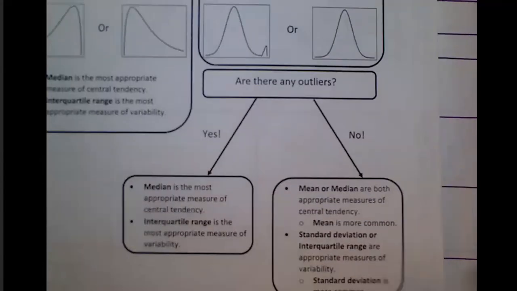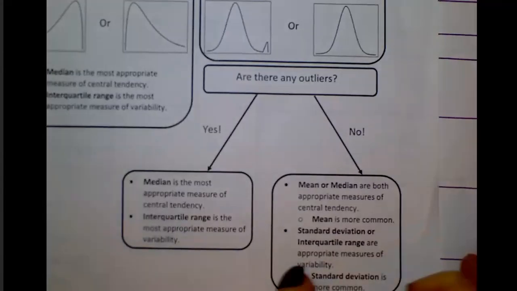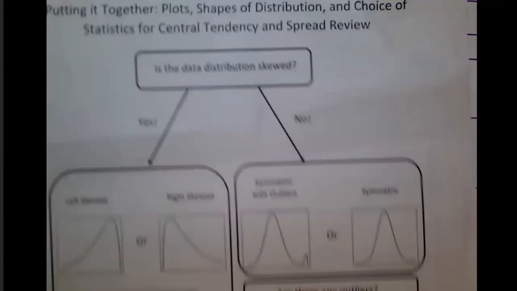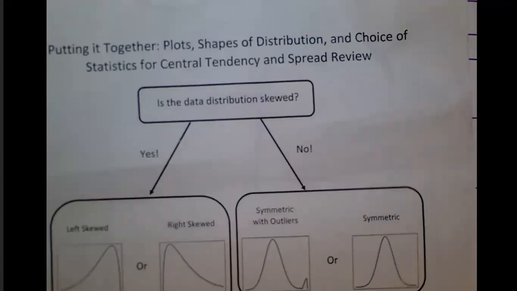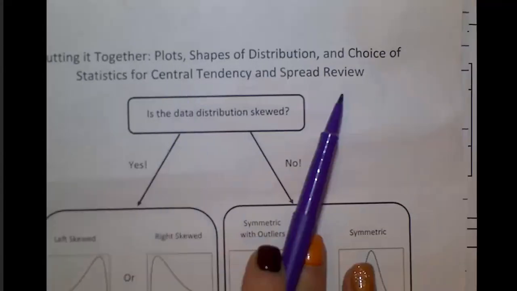We're going to talk about standard deviation today, and interquartile range will be in the next lecture. If there are some outliers, again, median is going to be the best. Okay, so as you kind of look at those, I would print this chart out too to help you with putting things together with central tendency in the spread of your data.